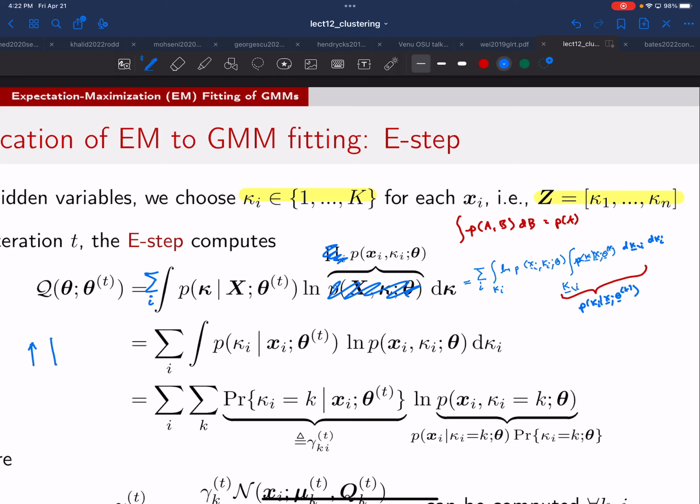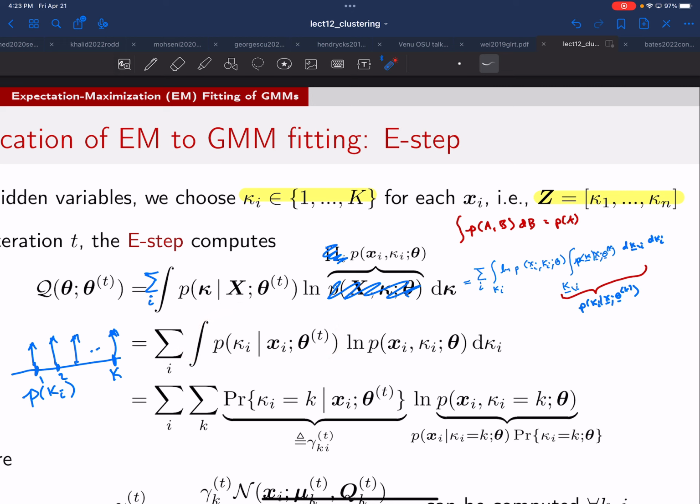If you write the density of kappa as a pulse train, so this is like p of kappa I, and the pulse train comes alive at integers 1, 2, and so on up to k, then if you write it that way, this is valid.